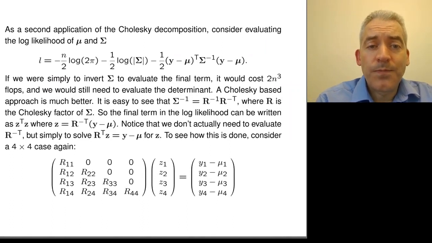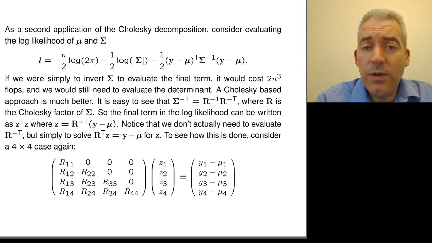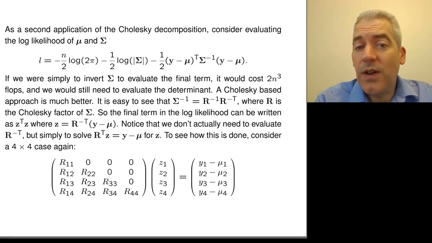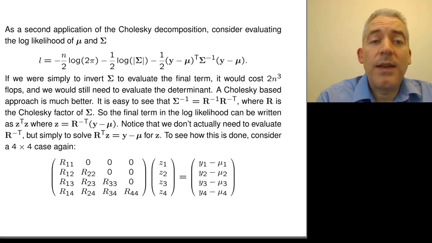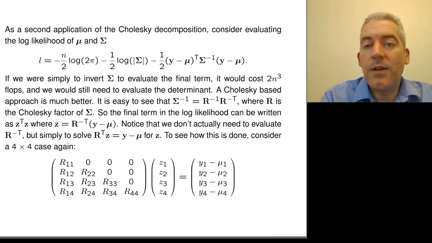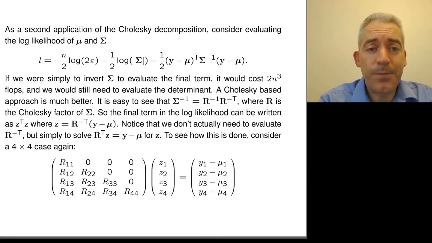Okay, so let's have another look at why this Cholesky factor might be useful. And again, it just relates to looking at the Cholesky decomposition of a variance covariance matrix, right? So that's nearly always where it crops up in statistics. Not always, but nearly always. So now let's suppose we want to evaluate the likelihood or density of a multivariate normal random vector.